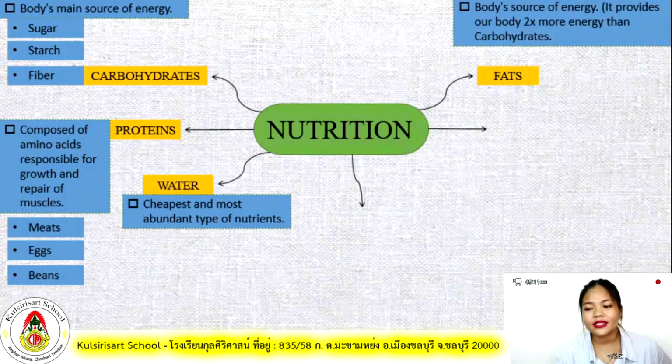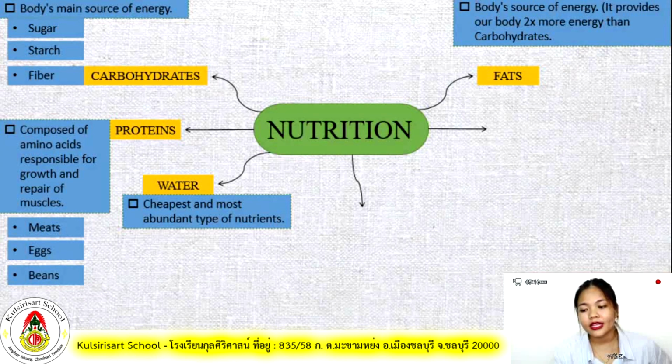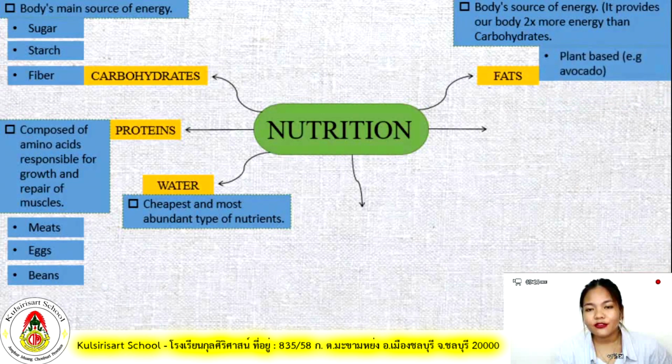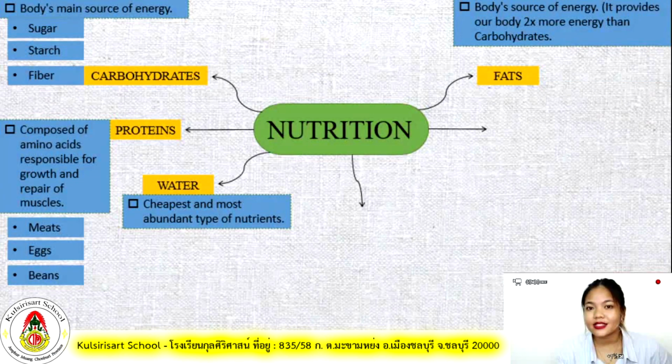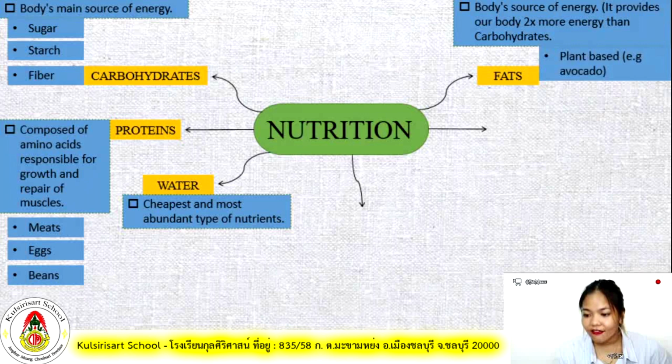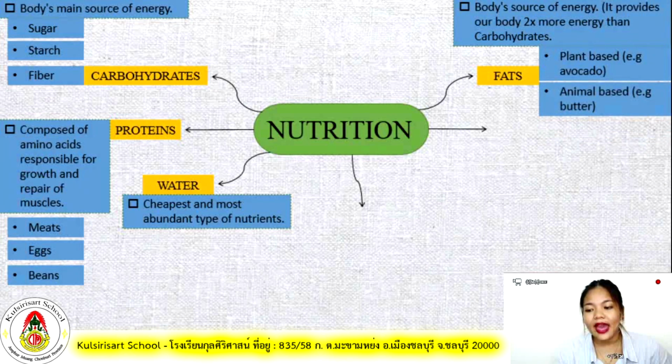Fats are the body's source of energy, just like carbohydrates, but they provide our body 2 times more energy than carbohydrates. We also discussed the 2 sources of fat, which include the plant-based, an example is an avocado, and the animal-based, an example is butter.